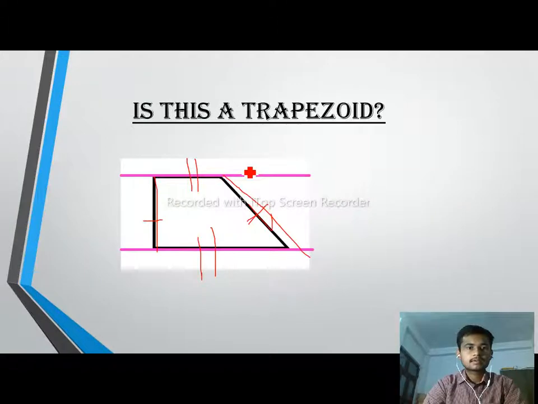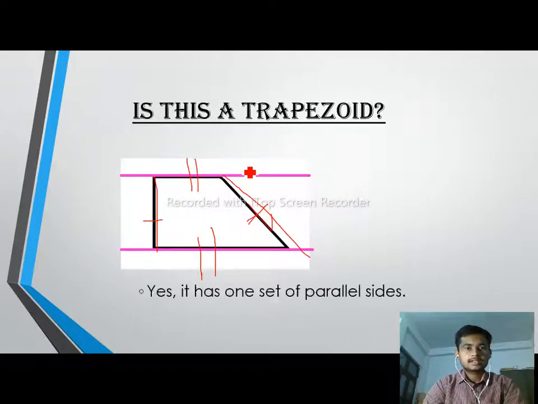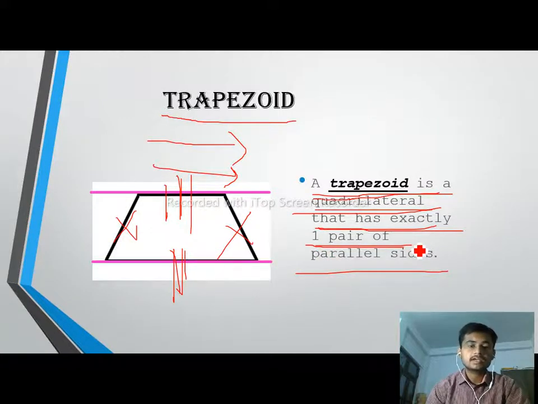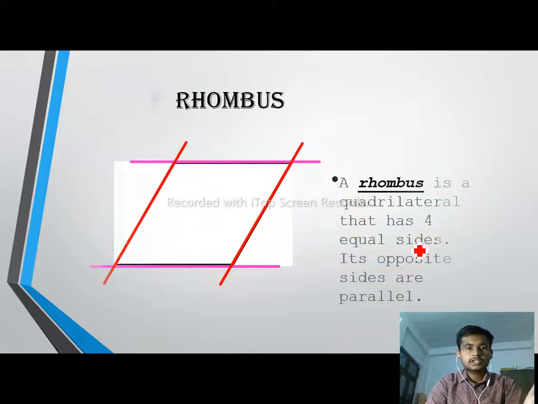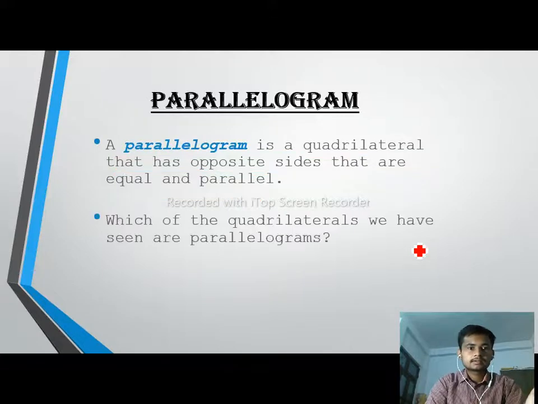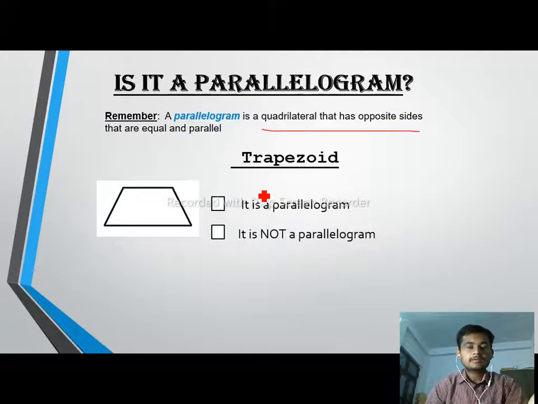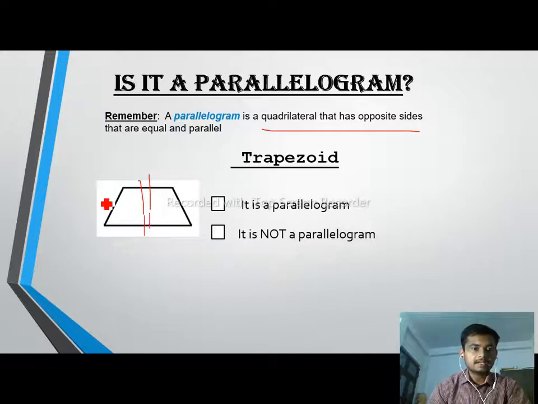A trapezoid is a quadrilateral that has exactly one pair of parallel sides. A trapezoid contains the property that it should have one pair of parallel sides. These two sides are parallel, one pair parallel, but these two sides are not parallel.